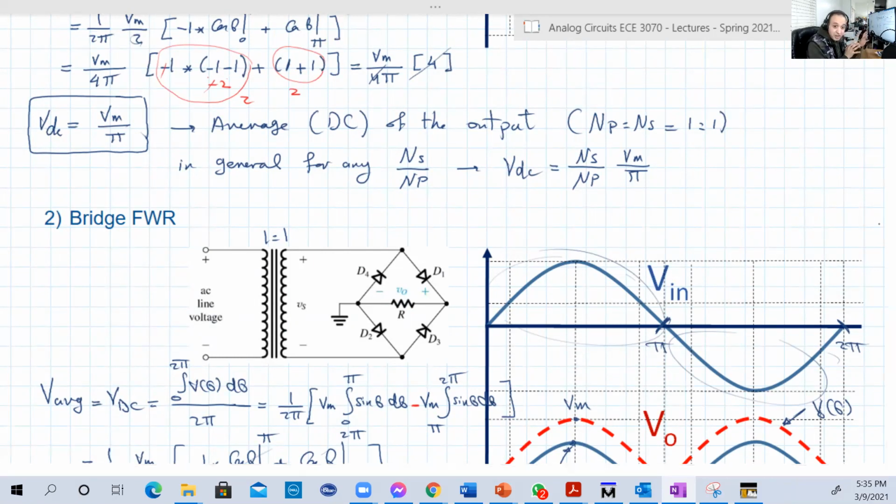If we go back to the lecture of the center tap, we can find that it's basically two half wave rectifiers. So that's why this is the normal evolution. But of course, the bridge rectifier is superior, much better than the center tap rectifier.